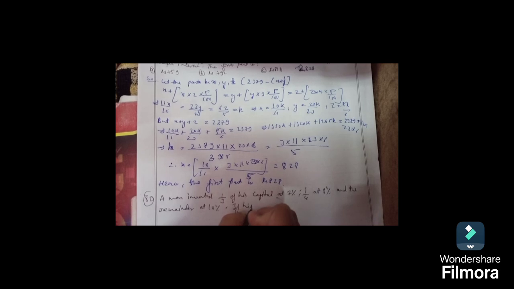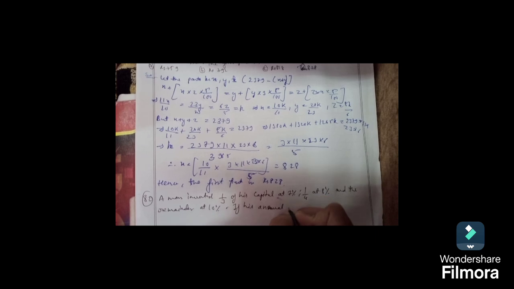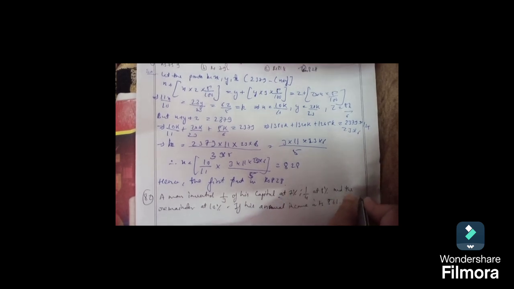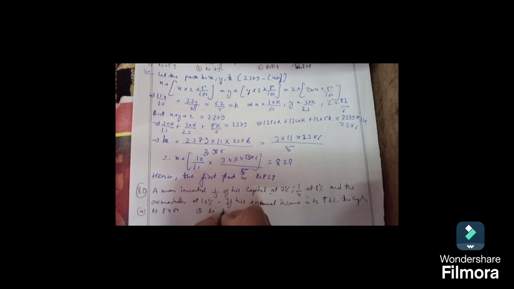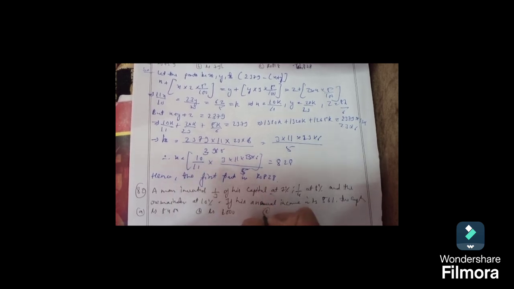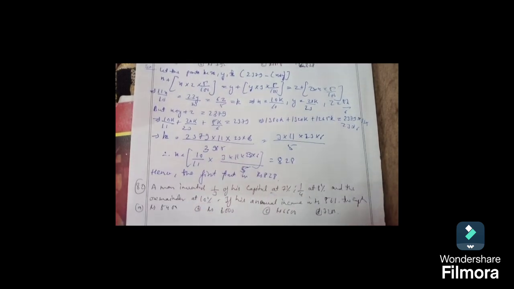If his annual income is rupees 561, the capital is, the options are rupees 5,400, rupees 6,000, rupees 6,600 and 7,200. So let's get started here. That we have as follows.